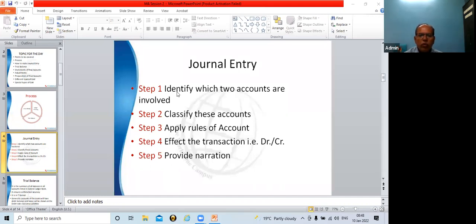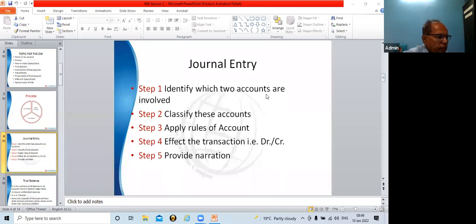Even from an examination point of view, MCQs will be framed on the basis of these basics. So remember this. We will also have practice maybe in the next session about journal entry. Right now we will have one more transaction for practice purposes, and then we will go to the other point.